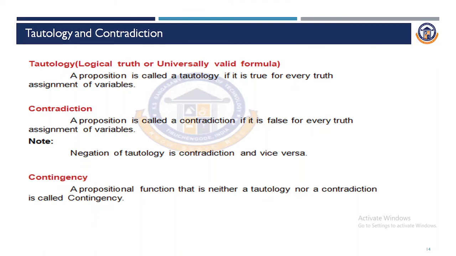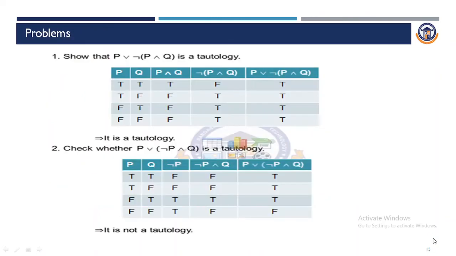Contradiction means a proposition is called contradiction if it is false for every truth assignment of variables. Right? If the resultant truth value is false, that is a contradiction. Neither tautology nor contradiction means it is called contingency. So negation of tautology is contradiction. Negation of contradiction is tautology.